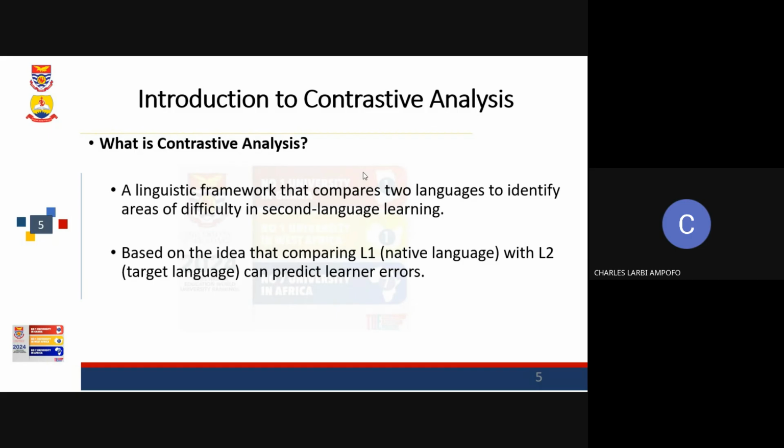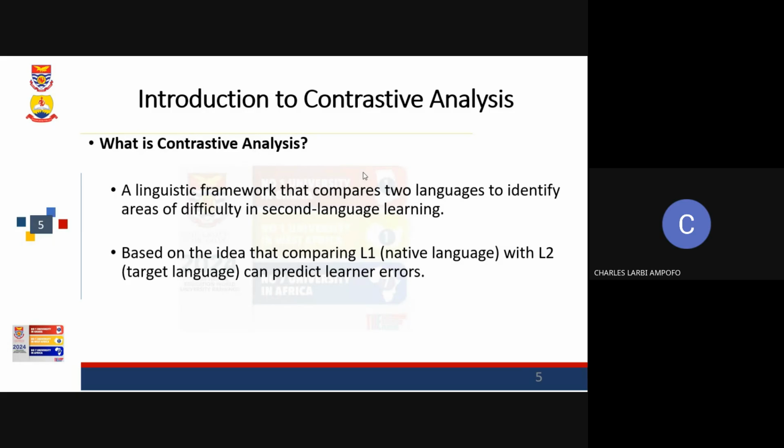So when we talk of contrastive analysis, it's an approach to teaching a second language. That is, if you are teaching a language that is not the first language or the native language or the L1 of a certain person, this is one of the approaches that you can use. So what is the whole contrastive analysis approach about, or theory about?